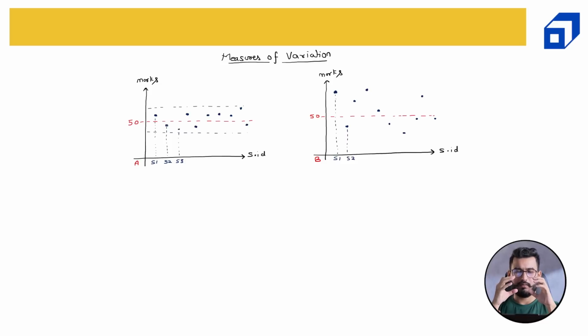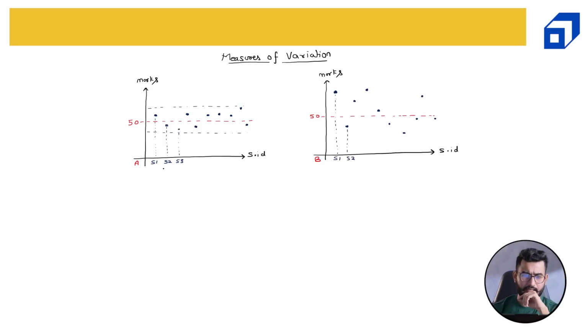There are data points which are very far away from the average line, and some which are close to it. But in subject A, all the data points are very closely scattered around the average line, right?